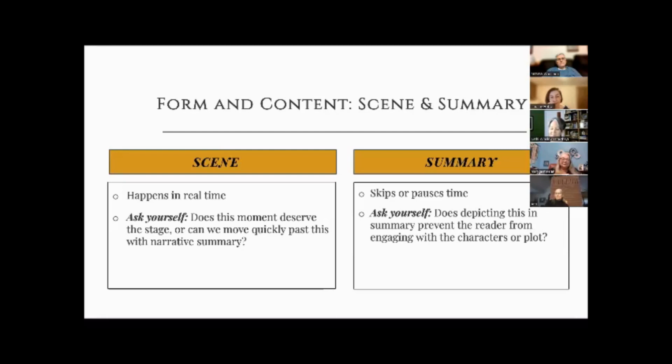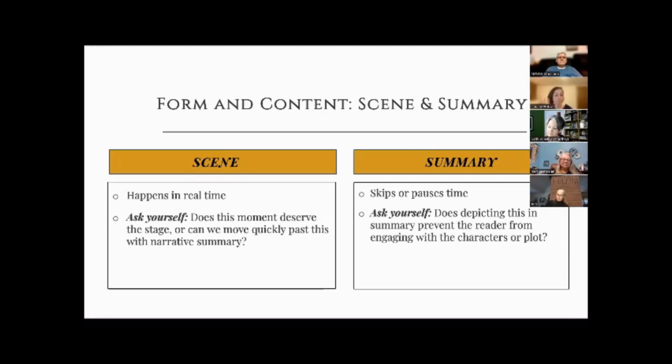I think of dilation like that scene in The Matrix where Keanu Reeves is all in slow motion, and the bullets are coming at him really slowly. And there can also be gaps. So gaps are white spaces where time passes off stage. So you might have a chapter break or a section break, and 10 years passes or 20 years passes.